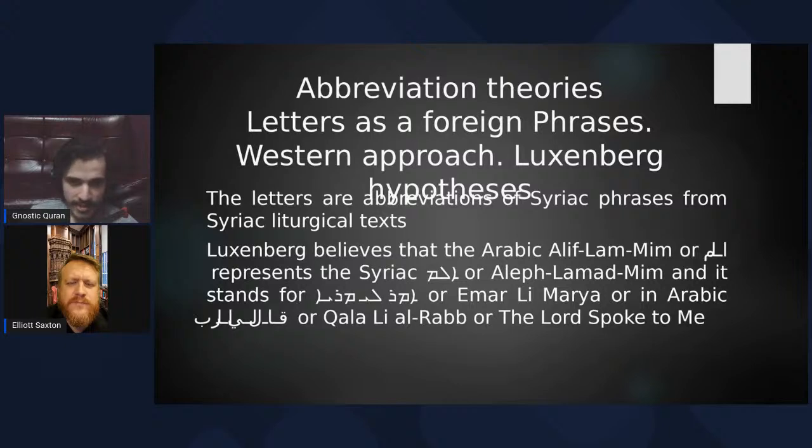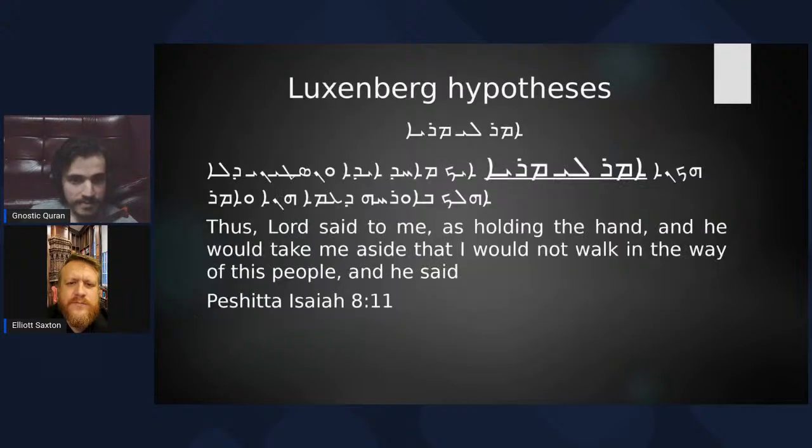And you actually can find this in the Syriac version, the Peshitta, in Isaiah, where this particular word combination appears, and I just highlighted that in the presentation. You can Google it, you will find it.